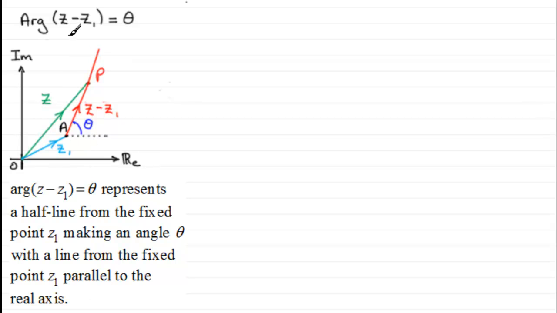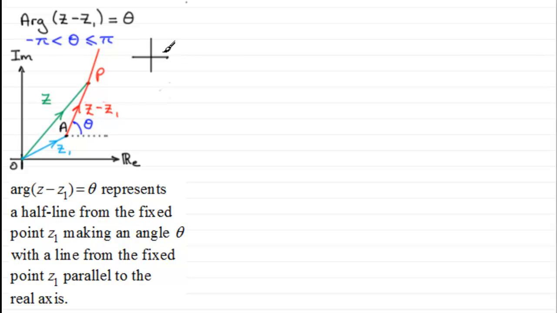Now we must remember that theta must always be an angle greater than minus pi radians, but it can be less than or equal to pi radians. So when we're drawing these half lines, there are several scenarios that we could get. I'll just illustrate a few.